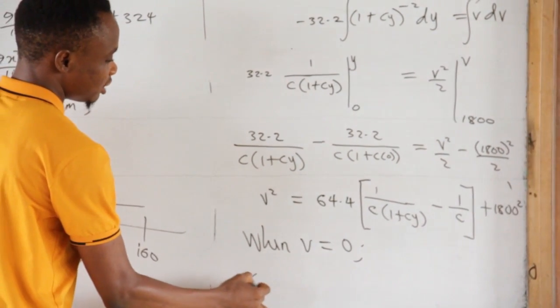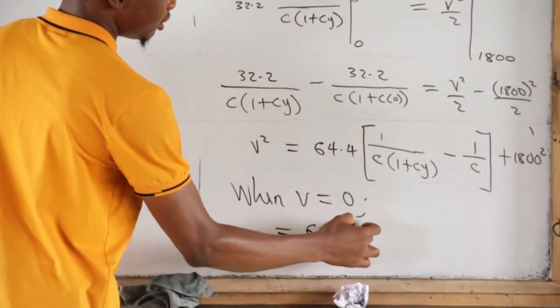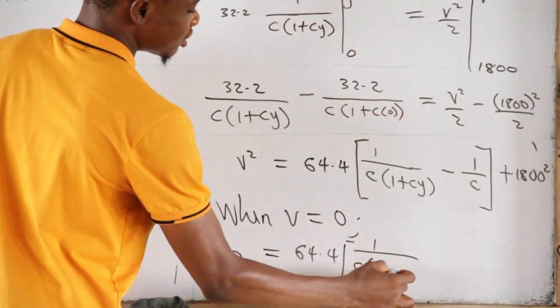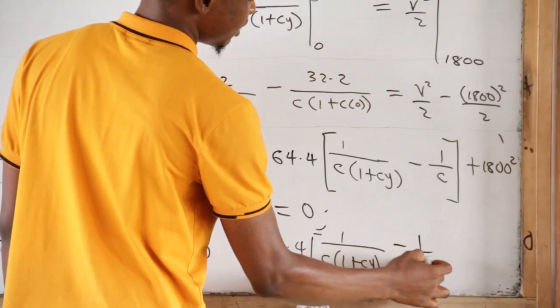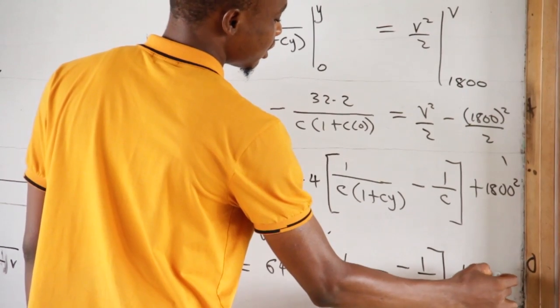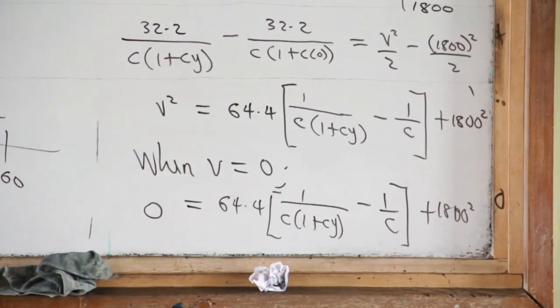That means I'm going to have 0 equal to 64.4 into 1 over c into 1 plus cy, minus 1 over c, plus 1800. Right, so you have everything. So make y the subject.